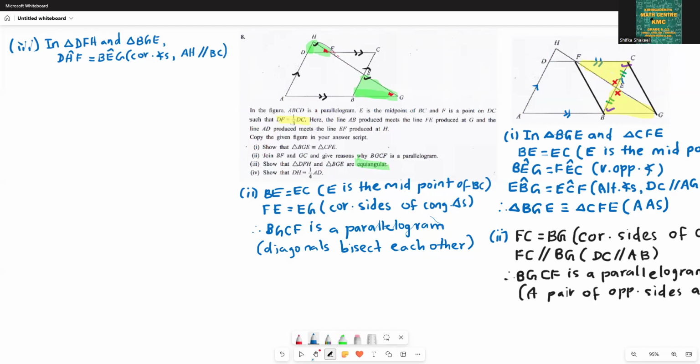Okay, we will take the other angle, which is marked in red, angle DFH. Angle DFH is equal to angle BGE. That's also corresponding angles. Why are corresponding angles equal? Because DC is parallel to AG. Two angles are equal, so the remaining angles are automatically equal.